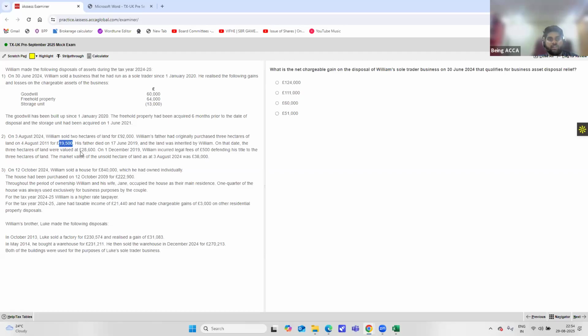Will it be 19,500 or 28,600? The normal cost of the entire value, not the cost that is allocated to the sold part. What will be the deemed cost that we'll be considering? Will it be 28,600 or will it be 19,500?